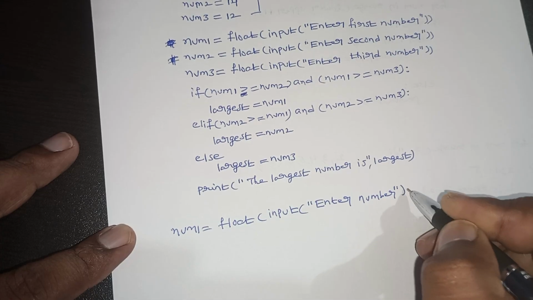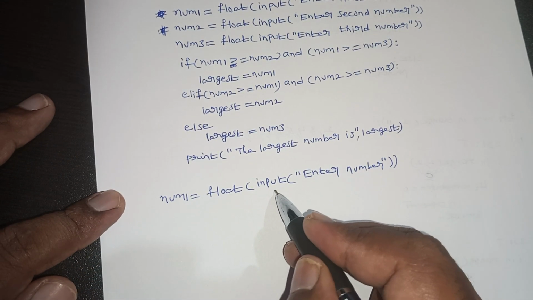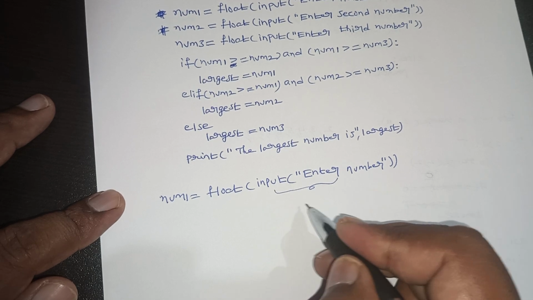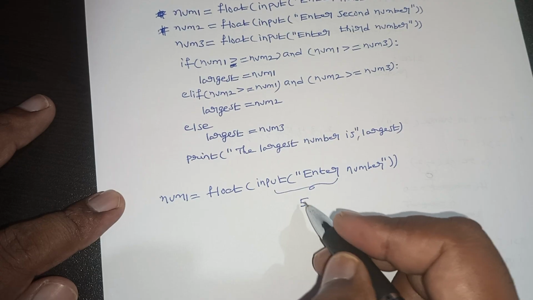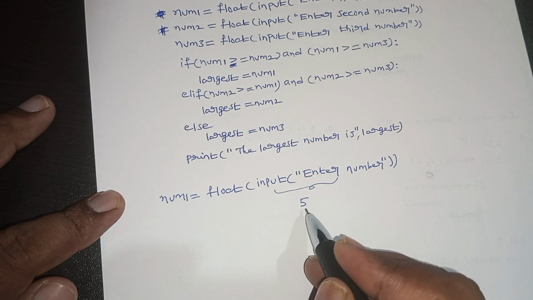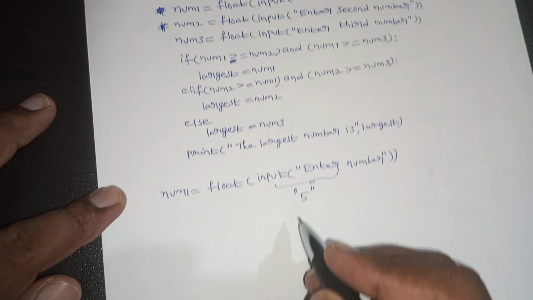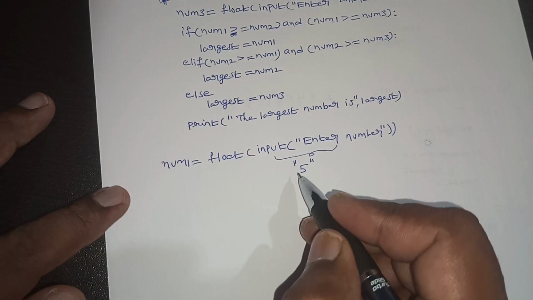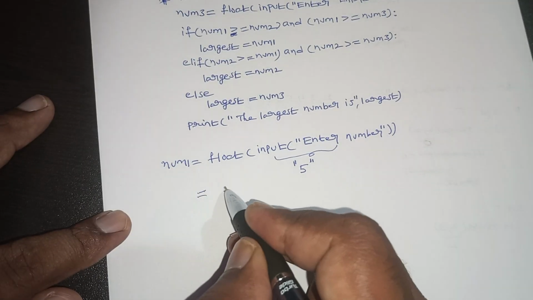This is the input function. For example, you take the value 10, or you take the value 5 here. This is actually taken as a string. If you want to convert it into a number, you have to use float, which is typecasting.